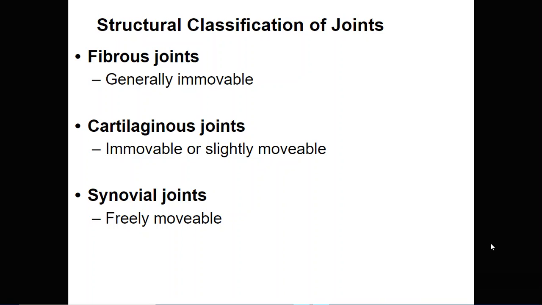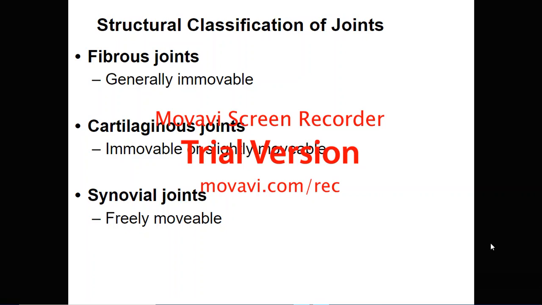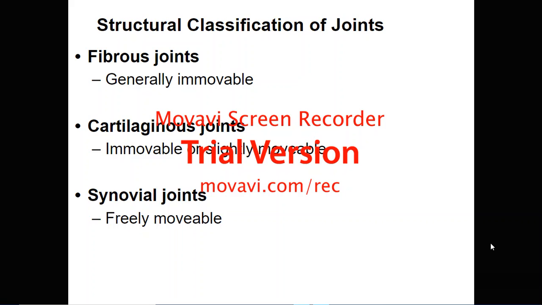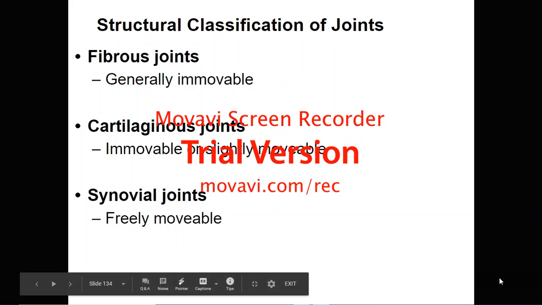And then you have synovial joints, which are freely movable. And just be aware that fibrous and cartilage joints do not have a cavity. The only type of joint that has a cavity is the synovial joints. And we will talk about each of these three structural classifications of joints in the next couple of slides.